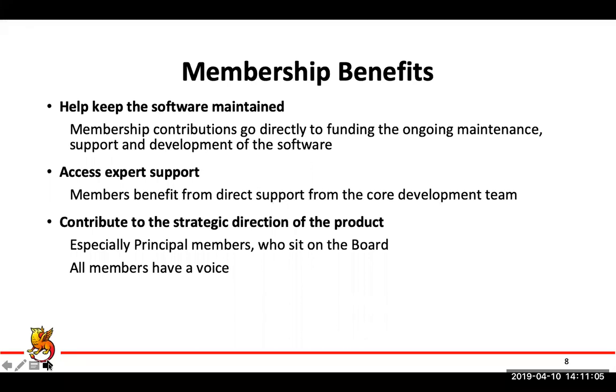I'm always open to hearing from members, any feedback or ideas that you would like raised to the board, or anything that's posted to the members' mailing list or the users' mailing list from a member will be raised to the board. So one of the key benefits is really being able to put in your own ideas and thoughts into the direction of the software.